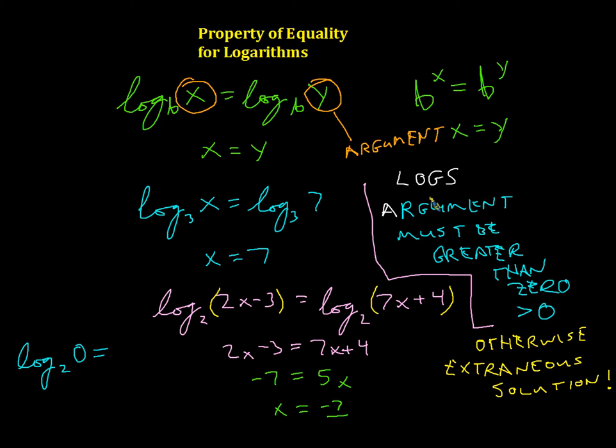So when we're doing logs, if we get a solution like x equals negative 7/5, we should check to see whether the argument is 0 or negative. If it is, then we must throw away the solution. And that is the property of equality for logarithms in a nutshell.